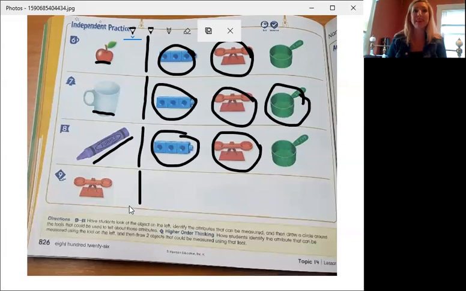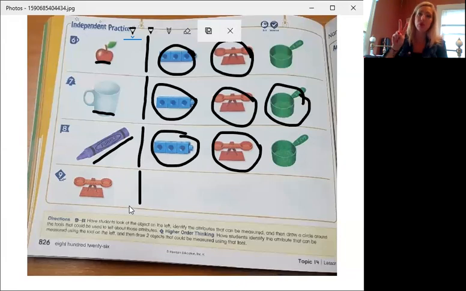If you put something heavy on the scale, what will the scale do? So it starts like this. If I put something heavy in my right hand, it's going to go down. And whatever is light will go up. So we can measure heavy and light. And what is that called? Weight. We are measuring the weight.